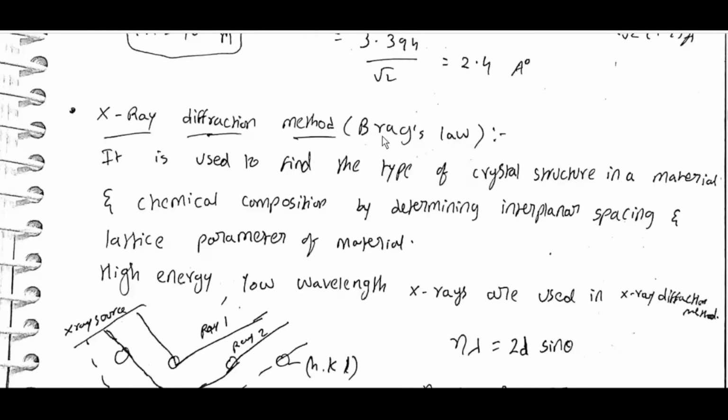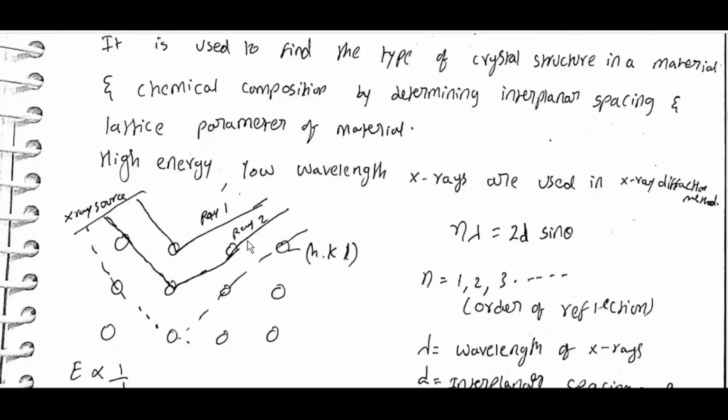X-ray diffraction method, Bragg's law. It is used to find the type of crystalline structure in a material and chemical composition by determining interplanar spacing or lattice parameter of the material. High energy, low wavelength X-rays are used in X-ray diffraction. n lambda is equal to 2d sin theta.